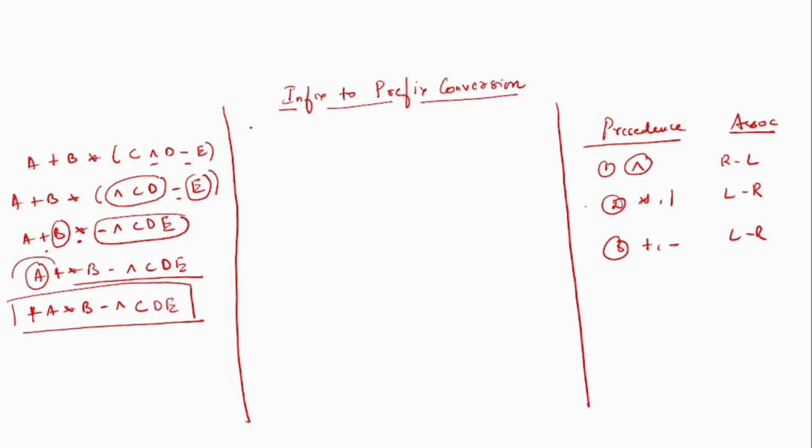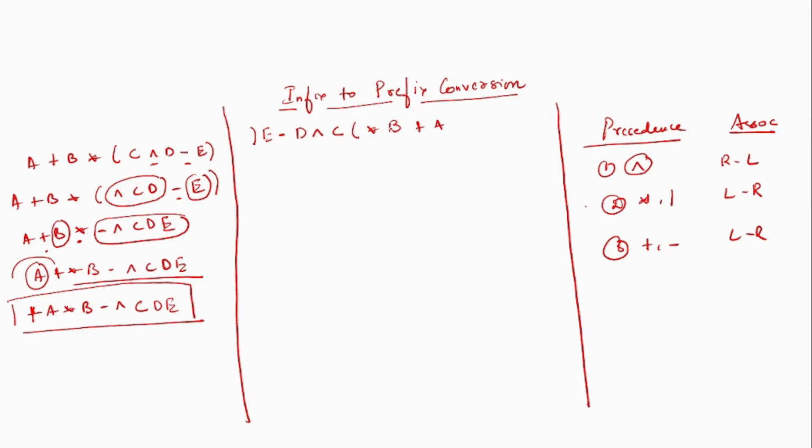So I'll say here the close bracket, and then comes e, then comes minus d exponential c open bracket star b plus a, right?